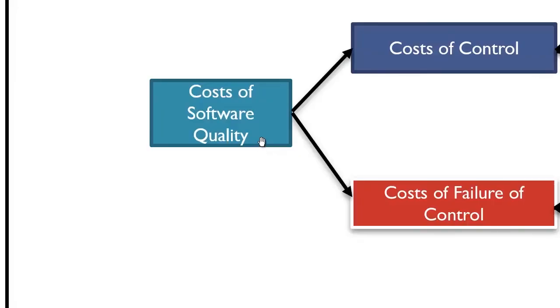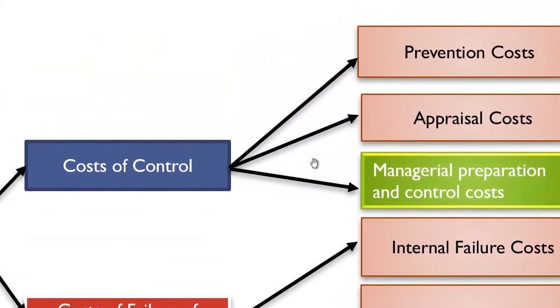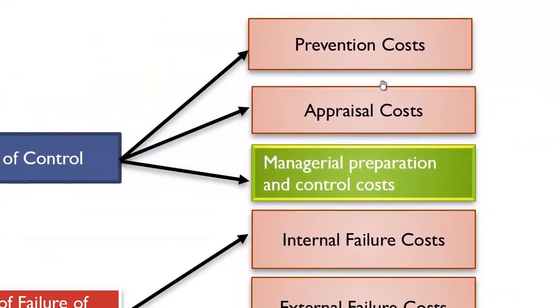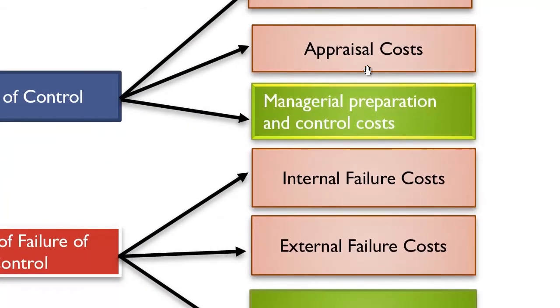Now we will discuss the extended model for cost of software quality. We have already discussed costs of software quality. We have costs of control and costs of failure of control. And in the previous model we have discussed prevention costs and appraisal costs. In addition to prevention costs and appraisal costs, in the extended model we have managerial preparation and control costs.